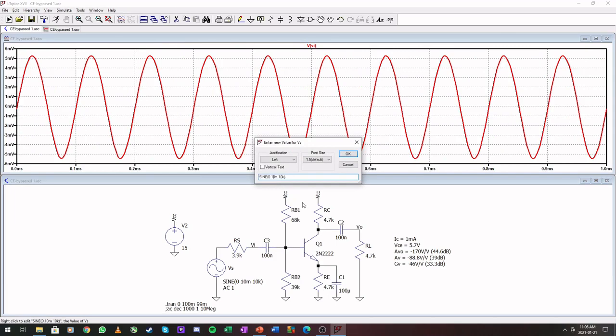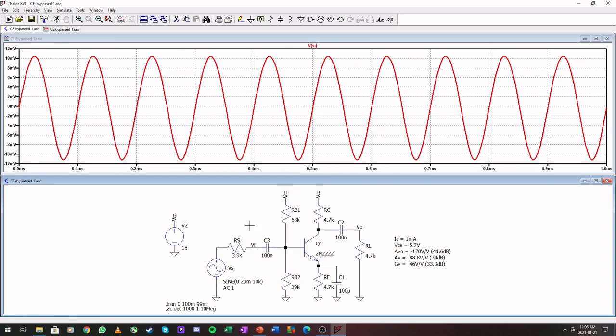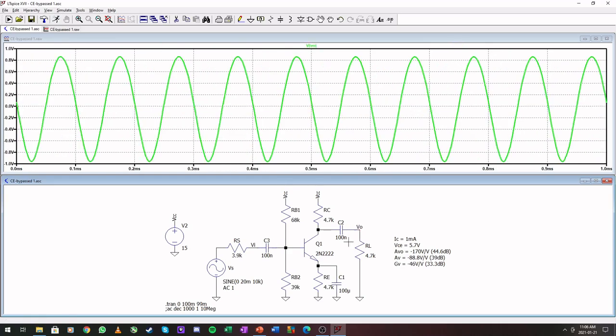Okay, so if we increase this to 20 millivolts, this will be roughly 10 going in, and we can see that we still have sinusoidal waves. It's kind of distorted here at the top already a little bit.